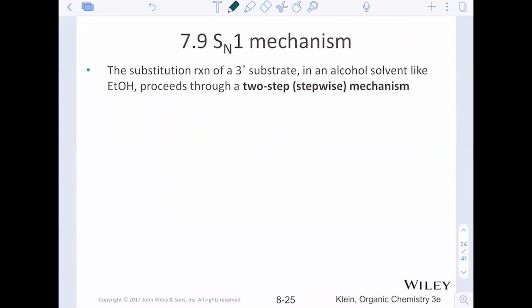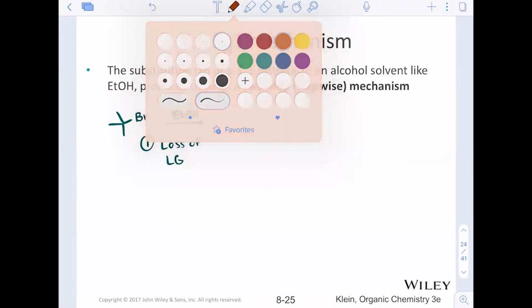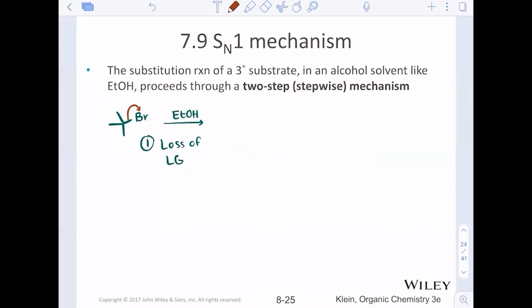The substitution reaction, so we're going to write it over again. The substitution reaction will look like this. Two-step process starts with the loss of leaving group. So bromine picks up its electrons and runs. We get a carbocation.